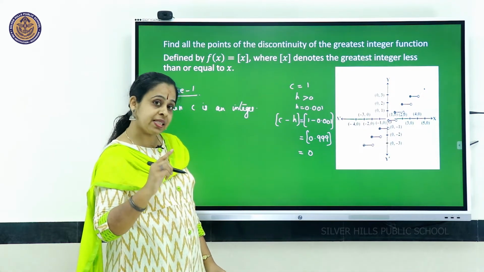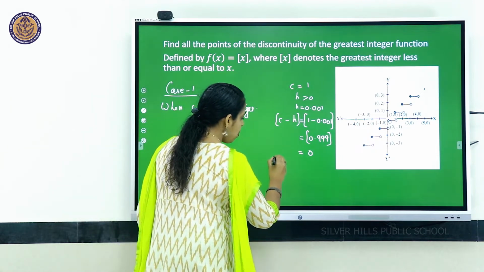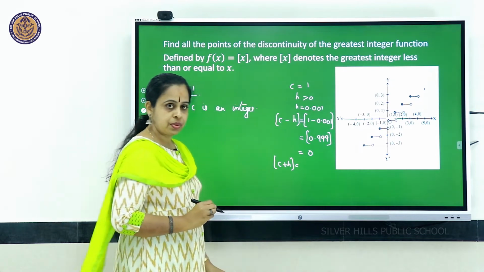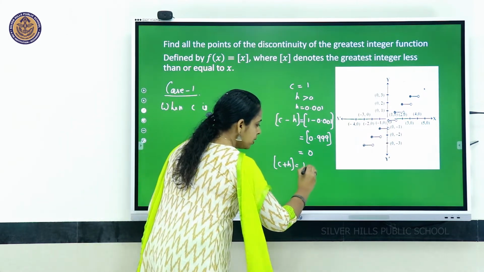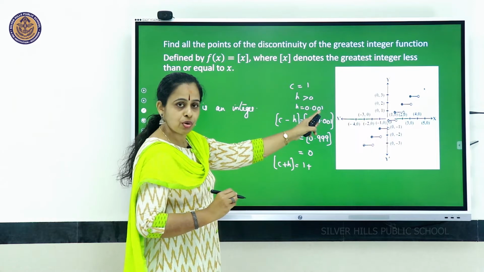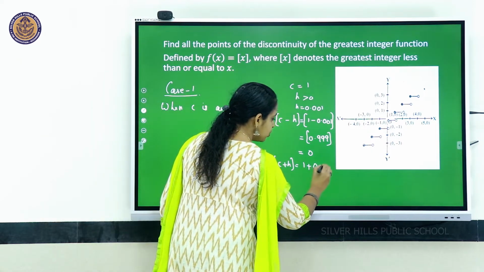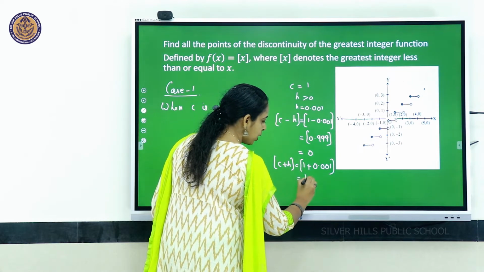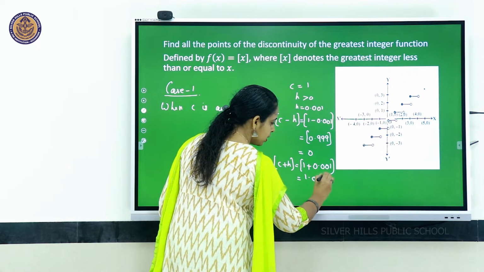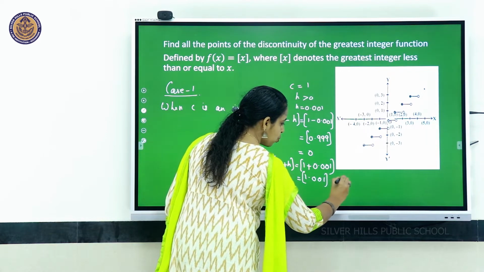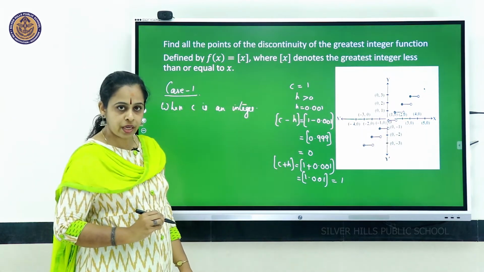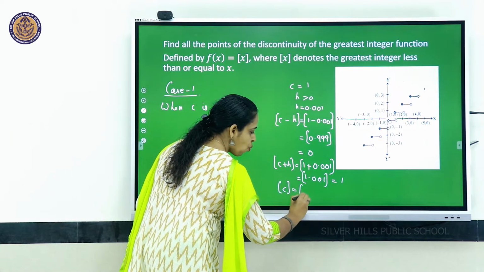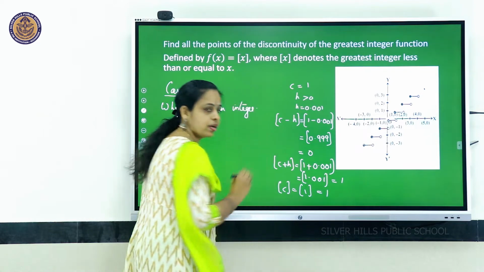Okay, let me take c plus h also. Box of c plus h equal to box of 1 plus 0.001, which will be 1.001, which will be equal to 1. Okay. Now, box of c means box of 1 equal to 1.